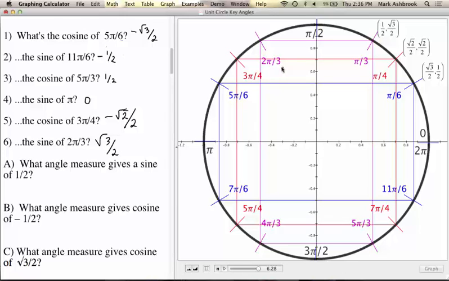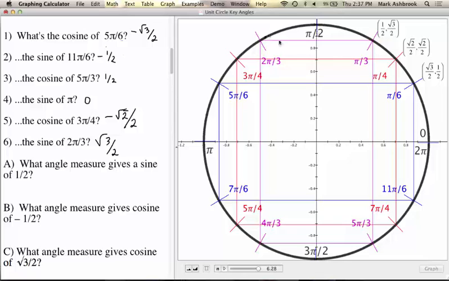And 2 pi over 3, is it the label of that point? No, it's the measure. It's a number, a little bit greater than what? Pi is 3.14, so 3.14 over 3 times 2 would be a little greater than 2.